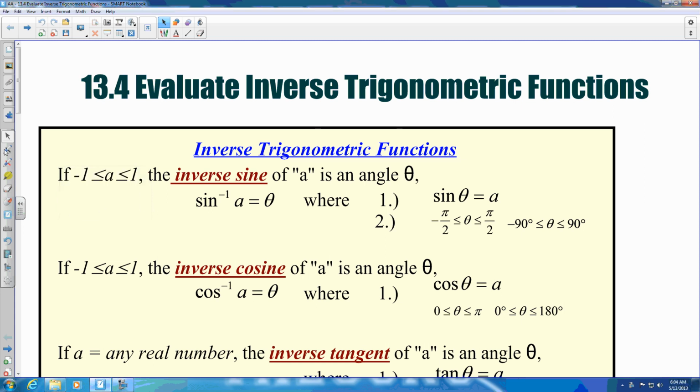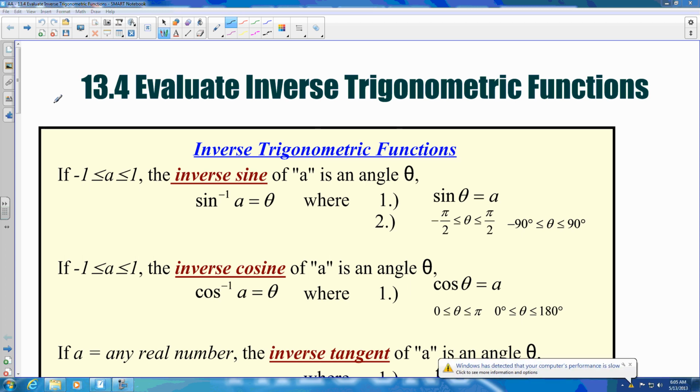Okay, we are in section 13.4 where we get to evaluate inverse trig functions. To this point, we've been talking about the main six trig functions: sine, cosine, tangent, cosecant, secant, and cotangent.